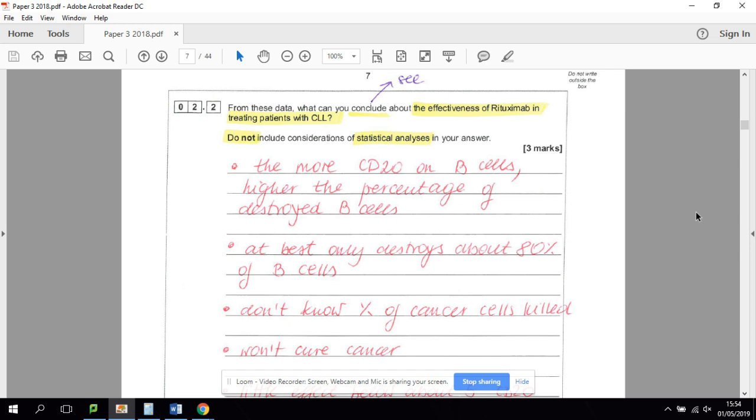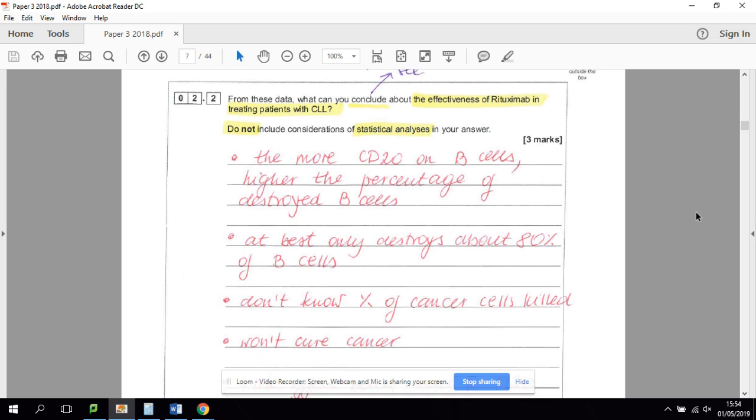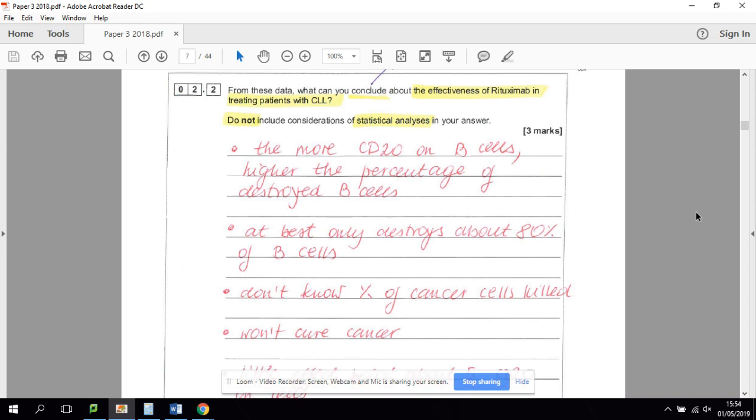We don't know, because what they told you was that the drug will kill both good and cancerous cells. So again we don't know if that will cure cancer or not, because within the maximum 80%, the other 20% that weren't killed could be cancerous cells.